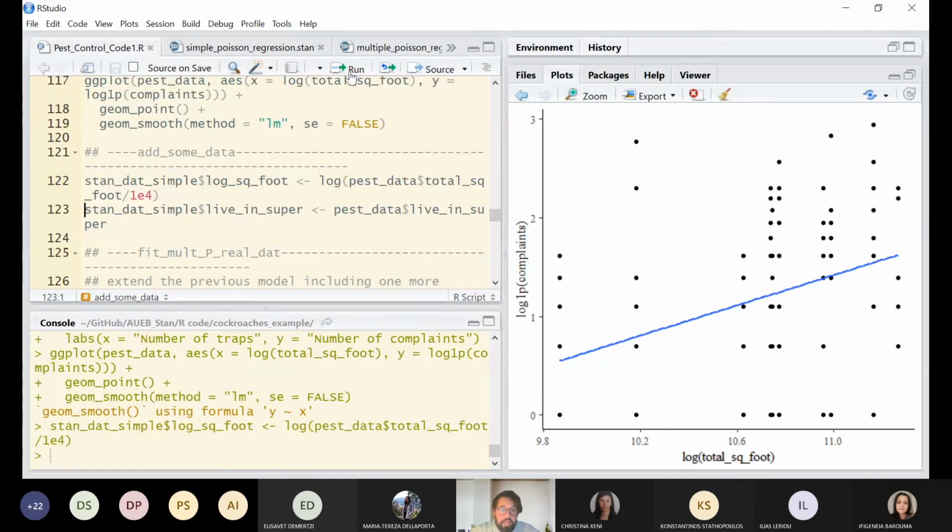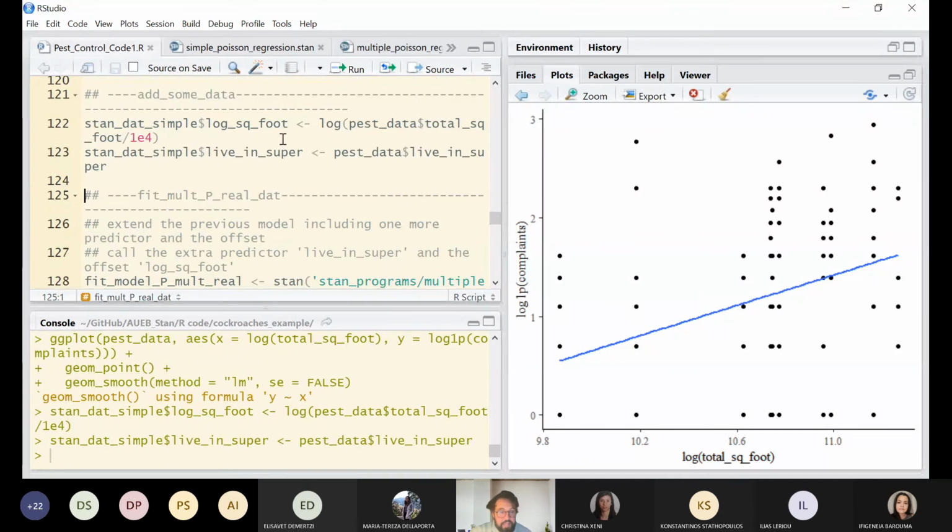Of course, we can have multiple extensions. So we could consider an offset, for instance, an offset which takes care of the different square footage of the different buildings. Because whenever in a Poisson distribution we have different exposures, it is suggested to use the offset, trying to capture the different exposure.